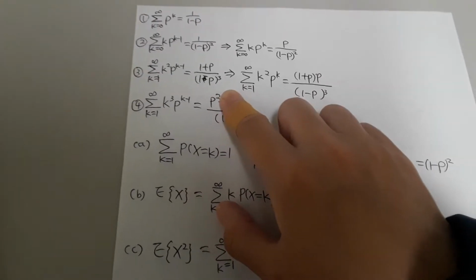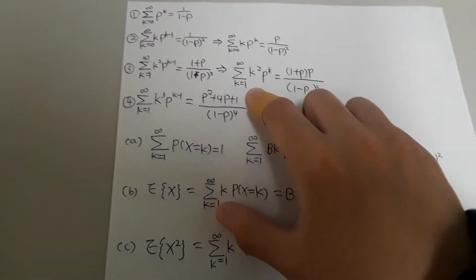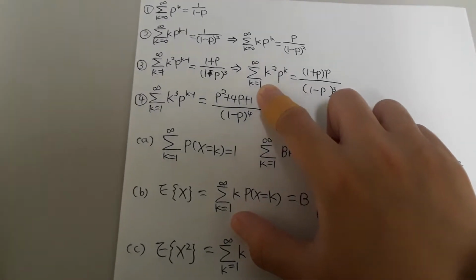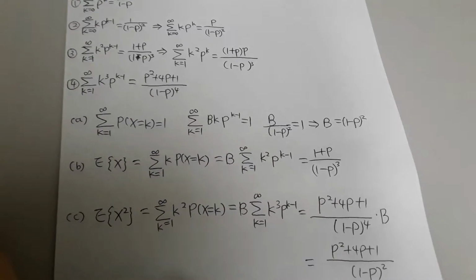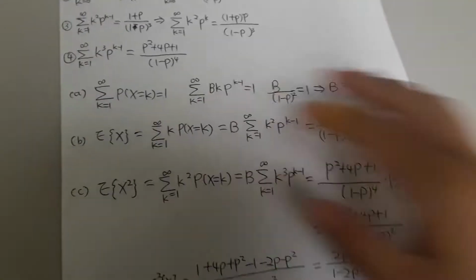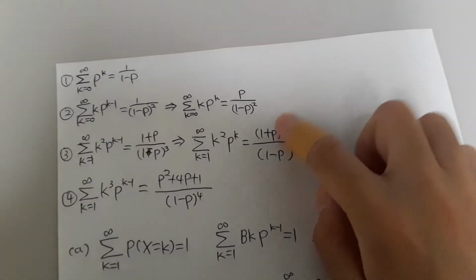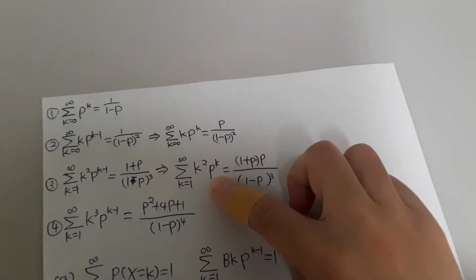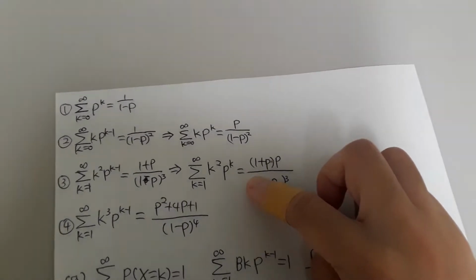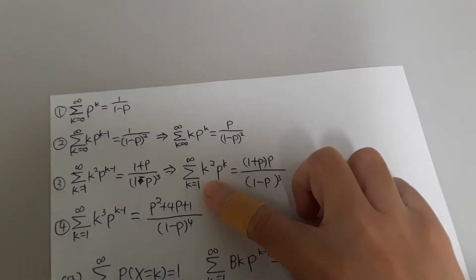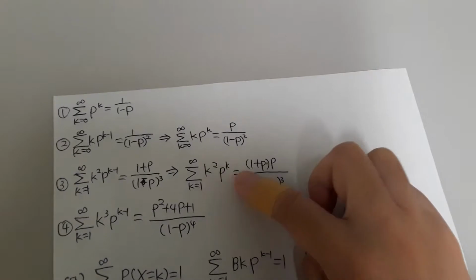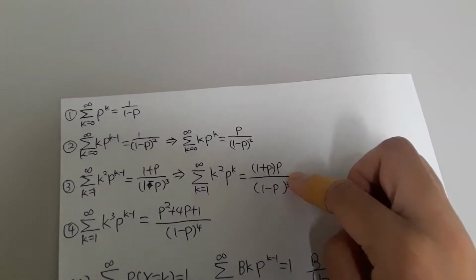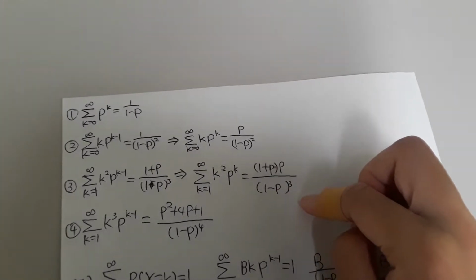And then if I multiply p to both sides, again I will get the sum of k squared times p to the power of k from k equals 1 to infinity equals (1 plus p) times p divided by (1 minus p) to the power of 3.